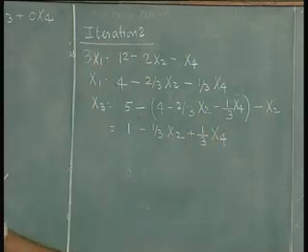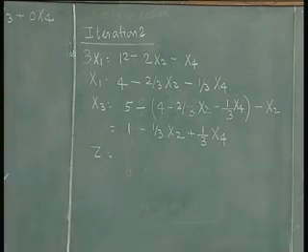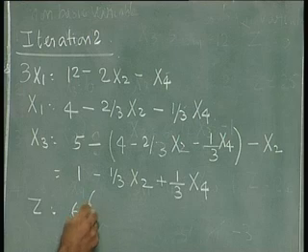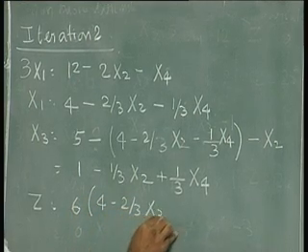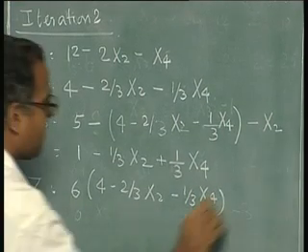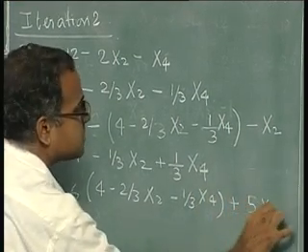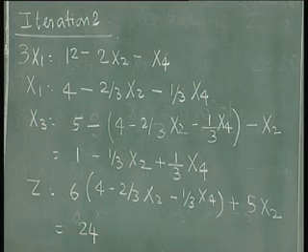1 by 3 x4. Now the objective function z becomes 6x1 plus 5x2, 6 into 4 minus 2 by 3 x2 minus 1 by 3 x4 plus 5x2, which on substitution would give us 24.